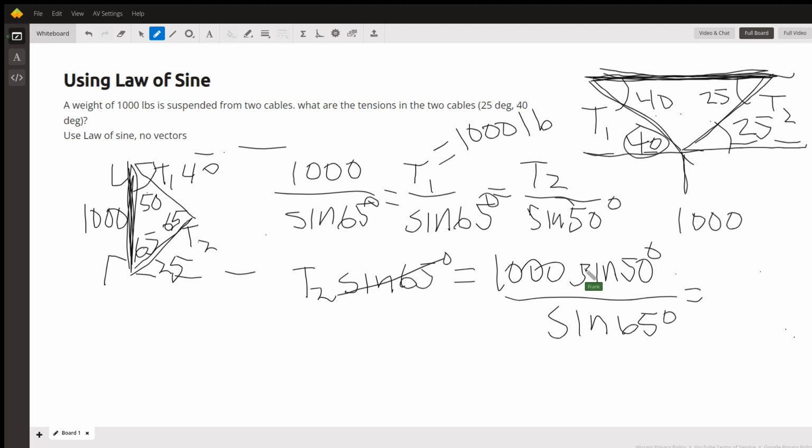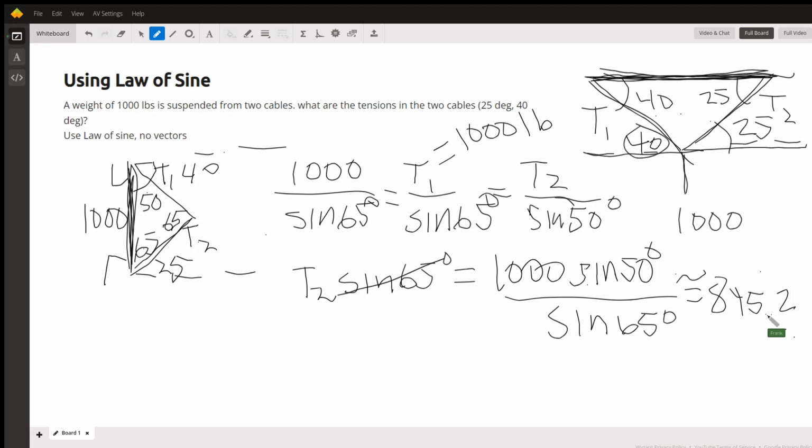That's the exact answer. That equals approximately, I just threw it into Desmos, 845.236 or 845.2, maybe just write 845.